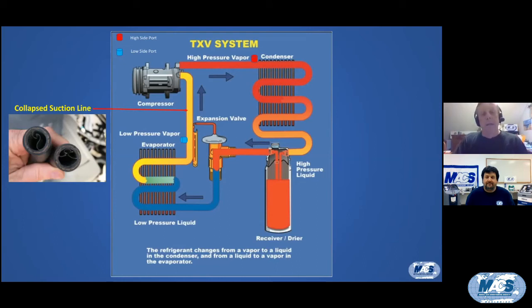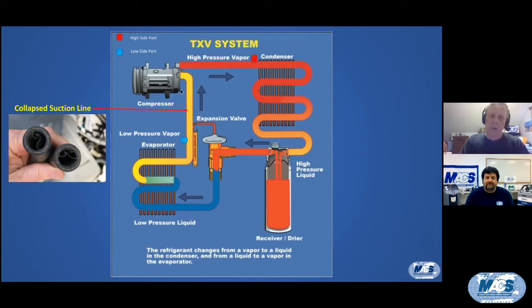So he proceeded to do that. And the next day, he found that he did some temperature testing on the suction line, as well as other components, and he found that he had a significant temperature drop from this point versus this point over here going into the compressor. So that indicated that he had a restriction, and what he ended up having was this hose that we see on the left-hand side over here.